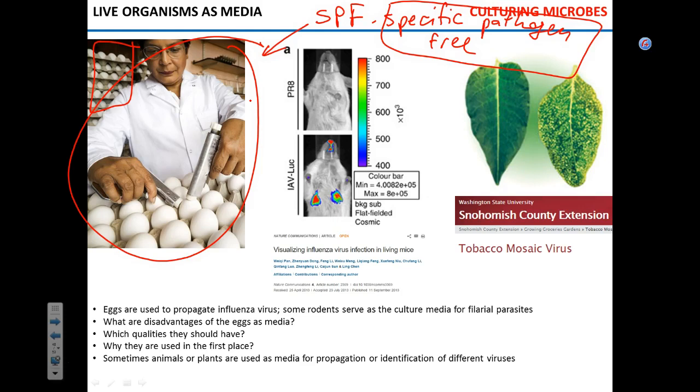But what, in my opinion, was most ironic is that eggs that are used for the preparation of the flu vaccine were in shortage because of another influenza virus that was killing chickens. So that was a real problem, the lack of necessary amount of eggs.